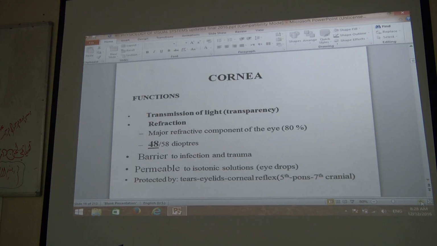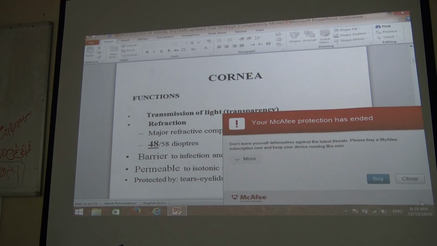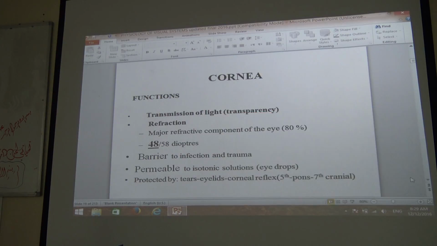There is protection of the cornea by the eyelids, by reflexes, and by the tears: eyelids, corneal reflex, and the tear. It is supplied by bare nerve endings, so it is a very sensitive organ, sensitive to change and to pain.